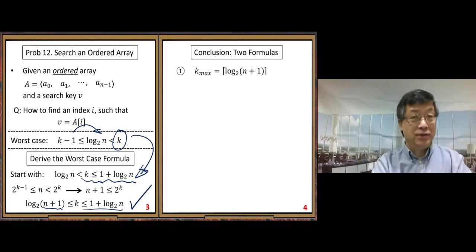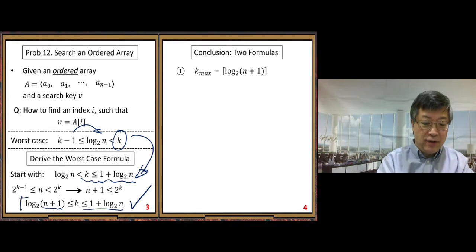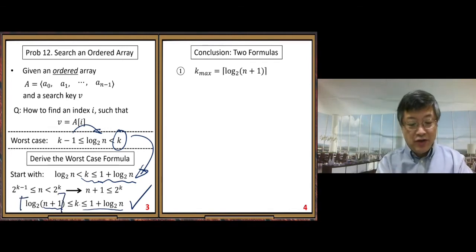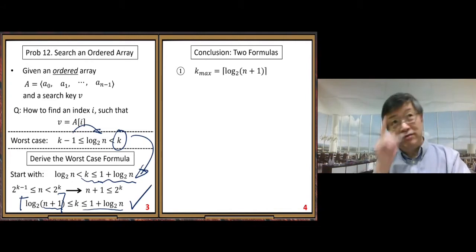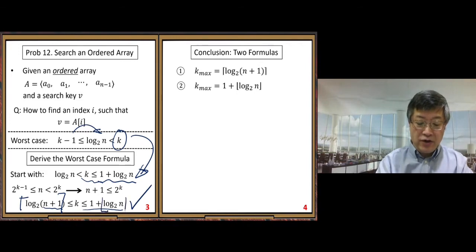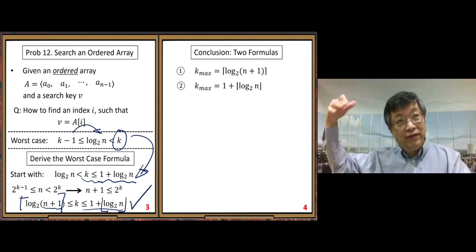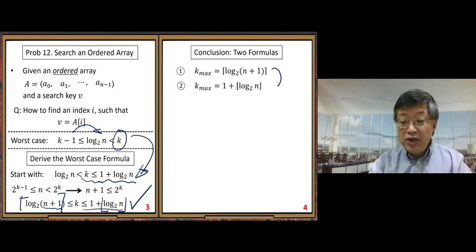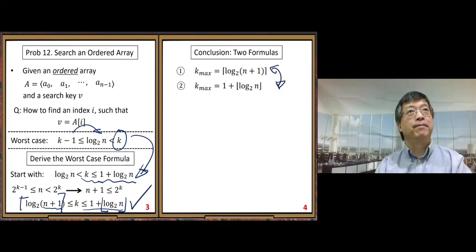So k max equals the ceiling function, which is still less than or equal to k. The second formula, the floor function of that side. So you can see the expressions are different, but their values are the same.